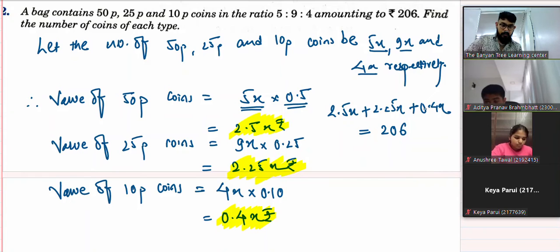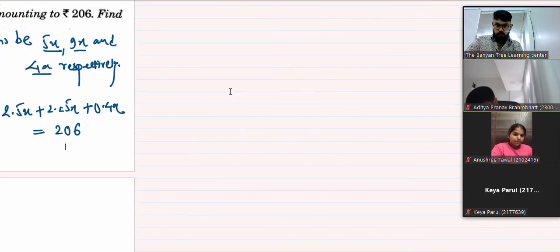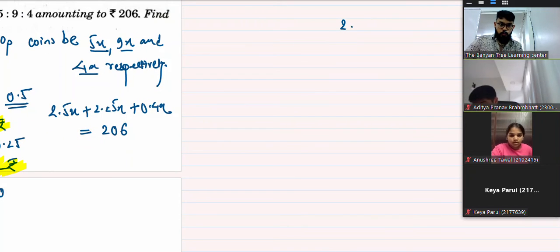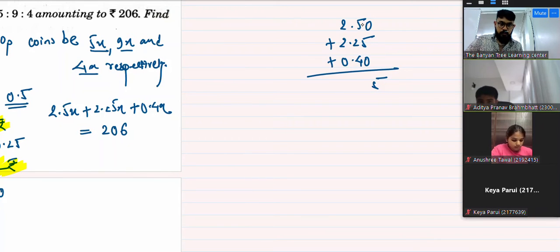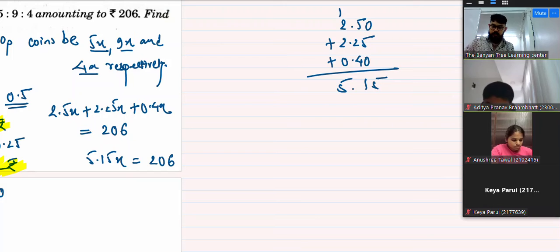So let us add these: 2.50 plus 2.25 plus 0.40, here 5 plus 2 is 7, plus 4 is 11, 5.15. So 5.15x is equal to 206.